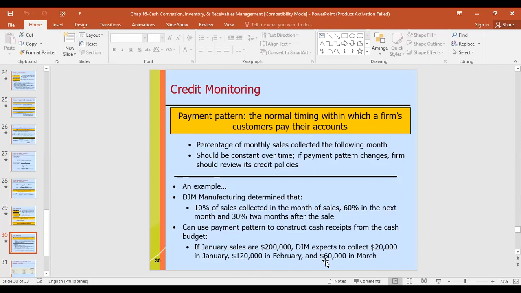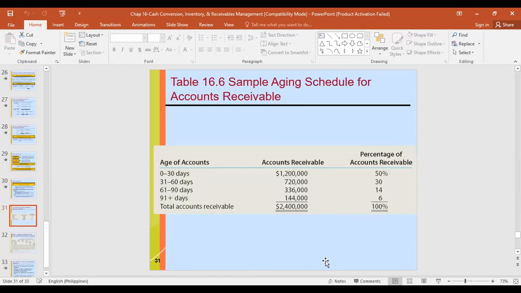Then this is the sample aging for accounts receivable, wherein again, we can see the age of the accounts, the total accounts receivable for each component, also showing the total of the totals, and the percentages of such to the component. Also, we can see in some illustrations the percentages of each that we estimated as uncollectible.